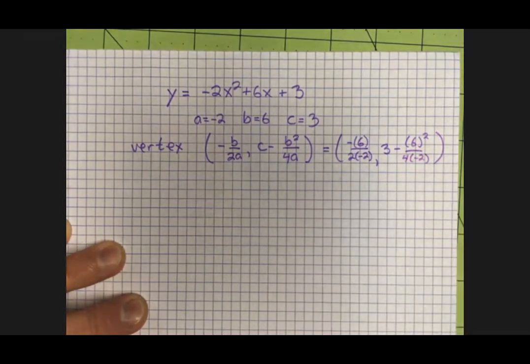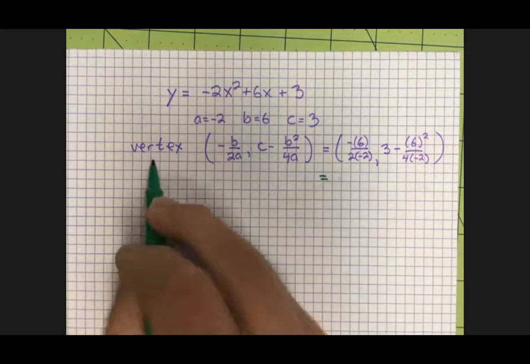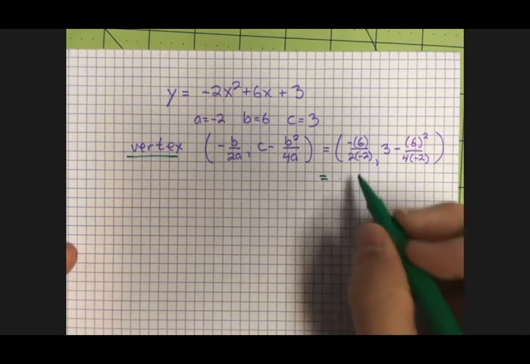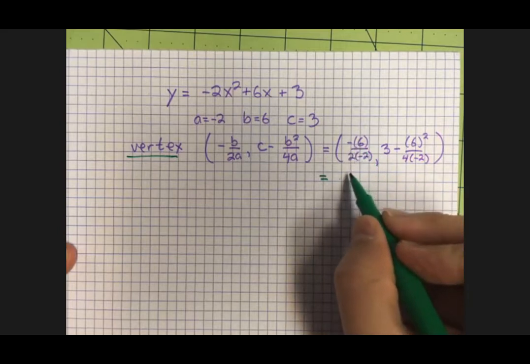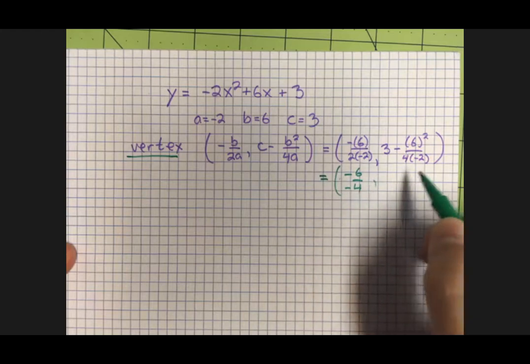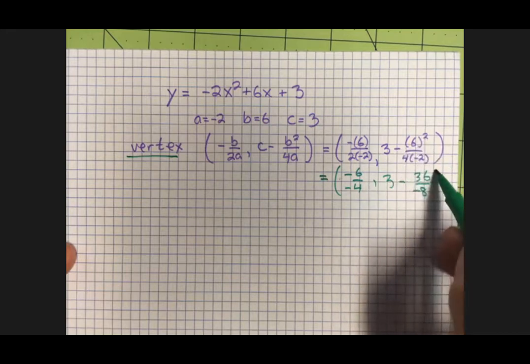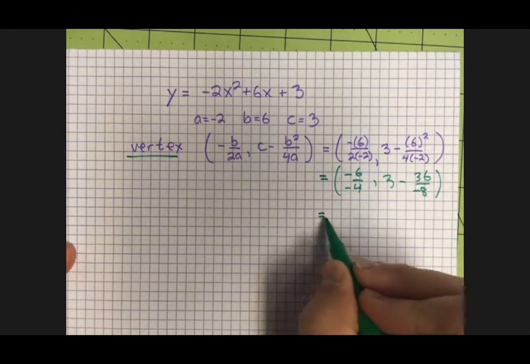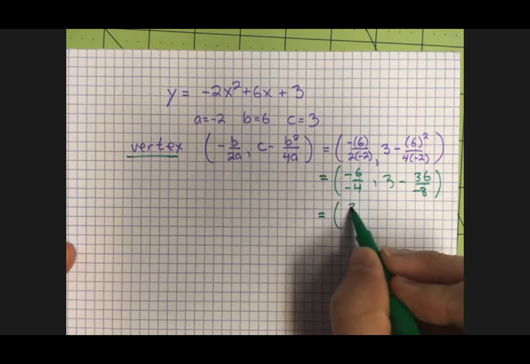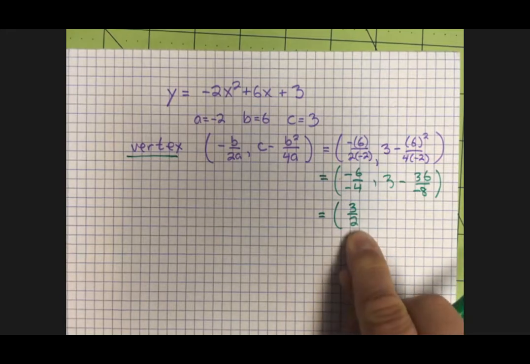Okay, so there's a little legwork here right now to work out these numbers. But believe me, once you have the vertex, it's worth it. So here's -6 over -4. We're going to simplify that. Here's 3 minus 36 over -8. We're going to simplify that. 6 over 4 is 3 over 2. That's 1.5.